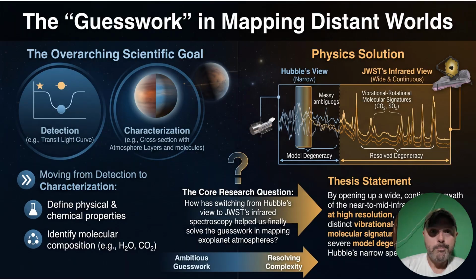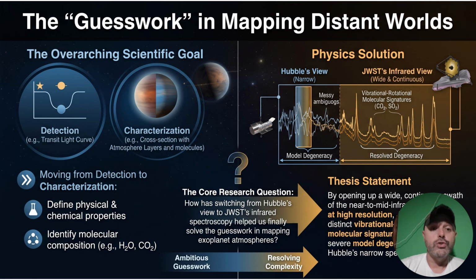So the overarching scientific goal is to move from simply detecting or identifying that a planet exists via the light curves, like I mentioned before with the moth traveling in front of the flashlight. We were able to measure the dip in the light from that star and say, hey, there is a planet there.